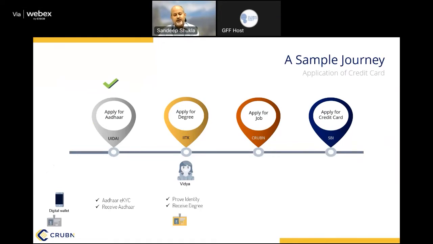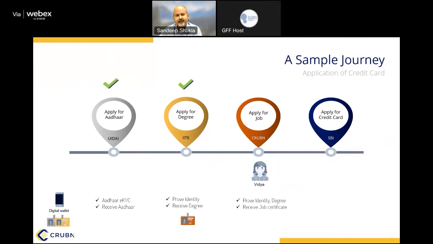IIT Kanpur will issue her degree as a verifiable credential, which becomes a second credential in her digital wallet. Now she goes and applies for a job. The company will want to know what degree she has and what identity she has. So she will use her Aadhaar identity as well as her degree verifiable credential to prove those to the company.